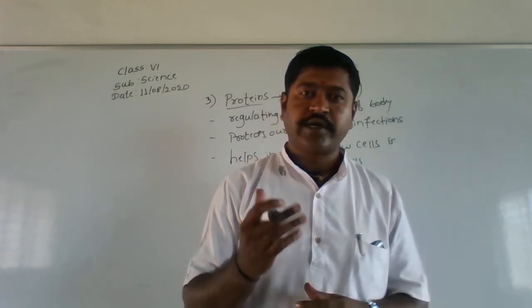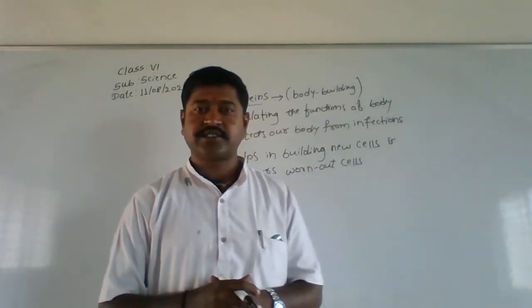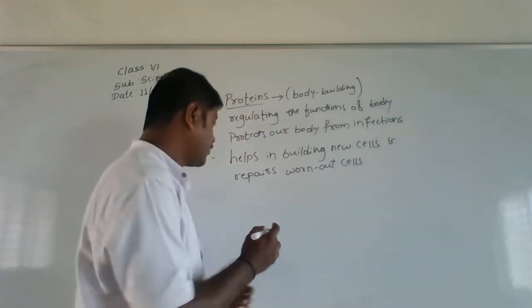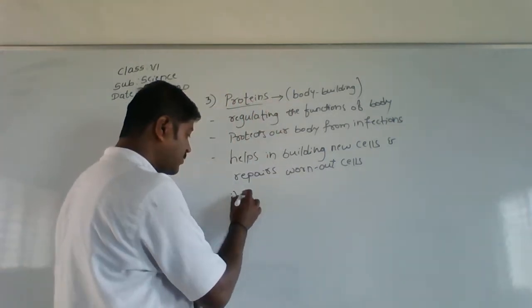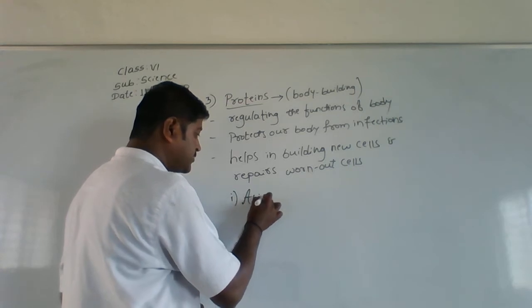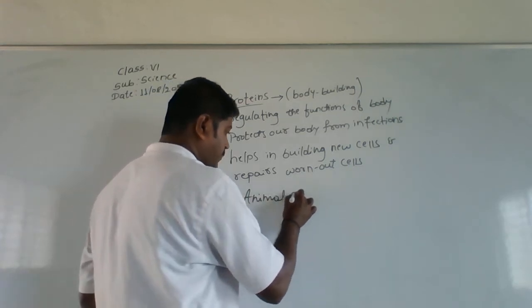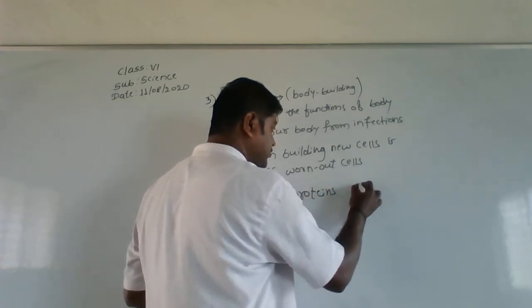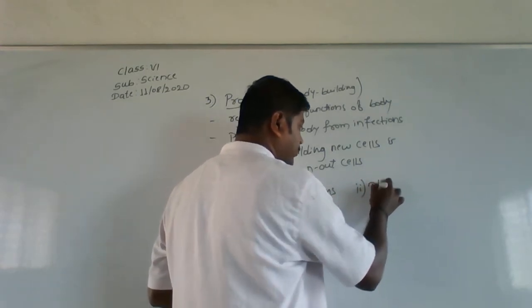Then how are we going to get proteins? It is on the basis of where we get proteins. One is animal proteins and the other one is plant proteins.